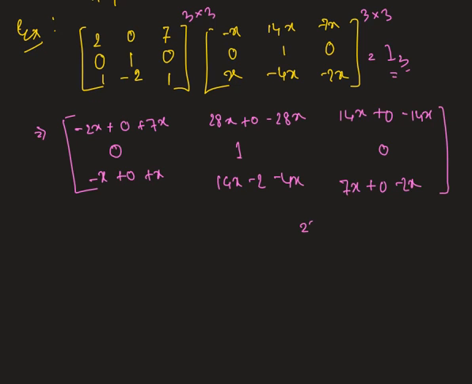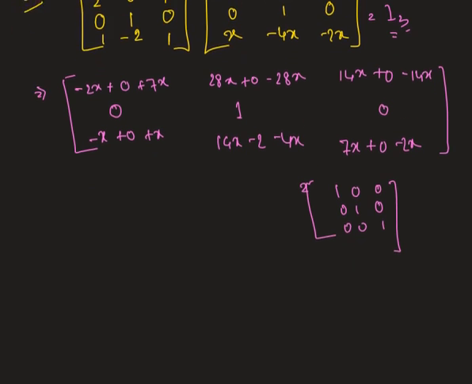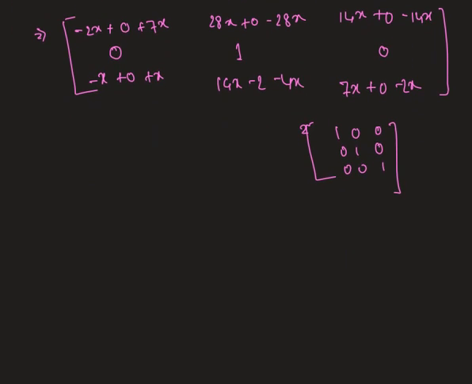By the question it is equal to a unit matrix, and we know that a unit matrix is defined as 1 0 0, 0 1 0 and 0 0 1. Therefore the whole matrix, after addition, we get here 5x, here we get 0, here also 0, here we get 0, here we get 1, and here we get 0, here also 0.